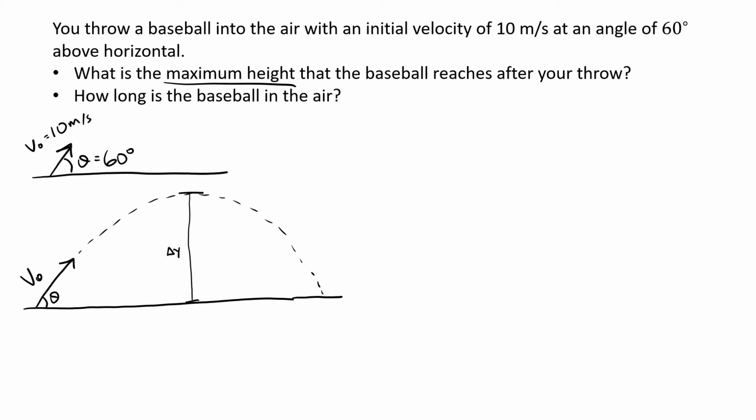Let me do a different color. That velocity is made of a horizontal component and a vertical component. There is a horizontal velocity and a vertical velocity. So these two together make this hypotenuse here.